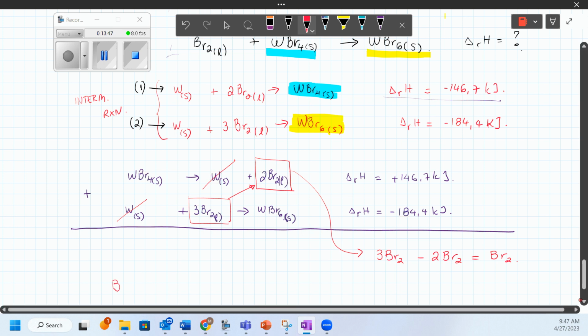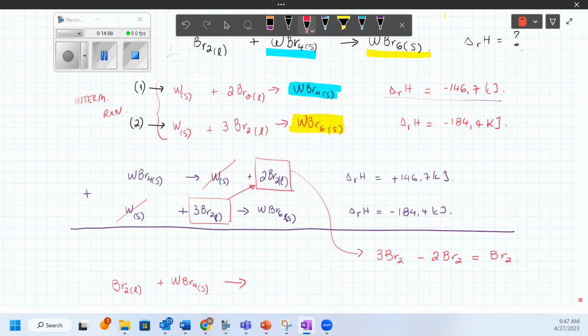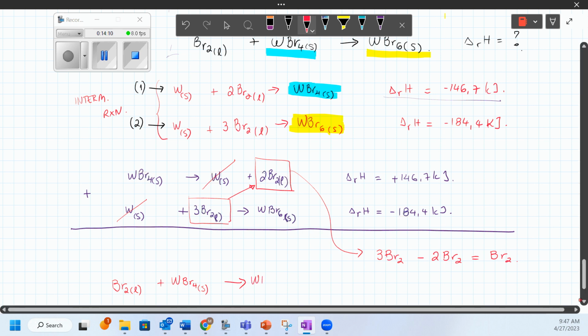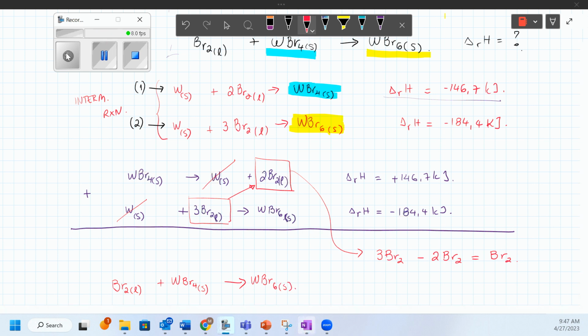So after cancellation, we'll have bromine on the reactant side. What is left here on the reactant side is WBr4 solid. There is nothing else. Then we have on the product side only WBr6. Do you understand?